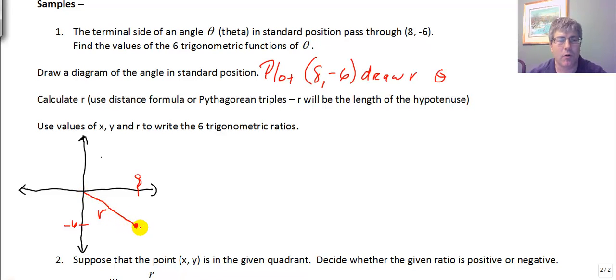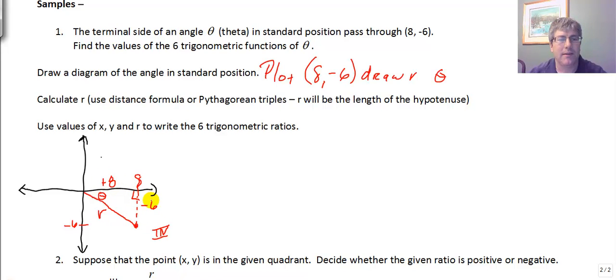It extends from the origin out to my point. Okay, and now I've got my right triangle, and my reference angle theta is here. So I'm working down here in the fourth quadrant, and my y's are negative, and my x's are positive.